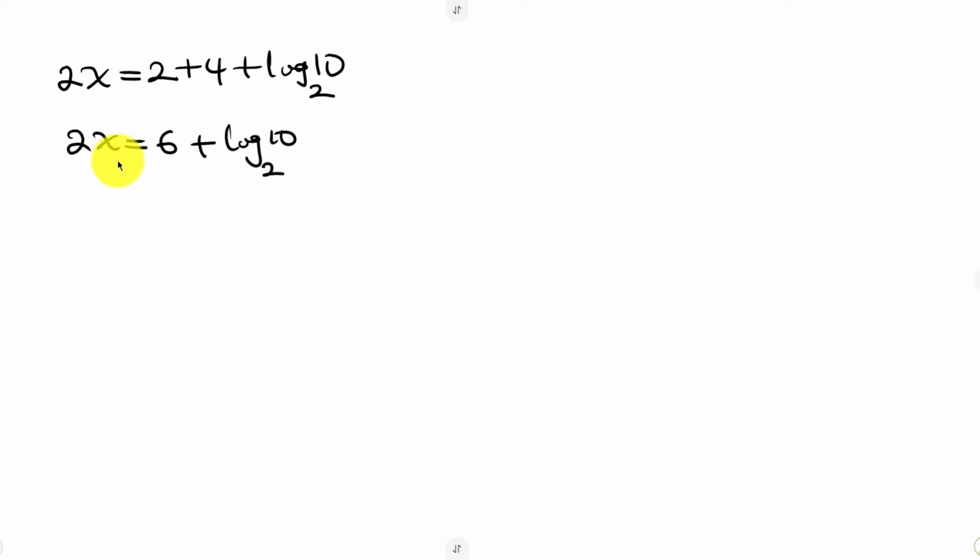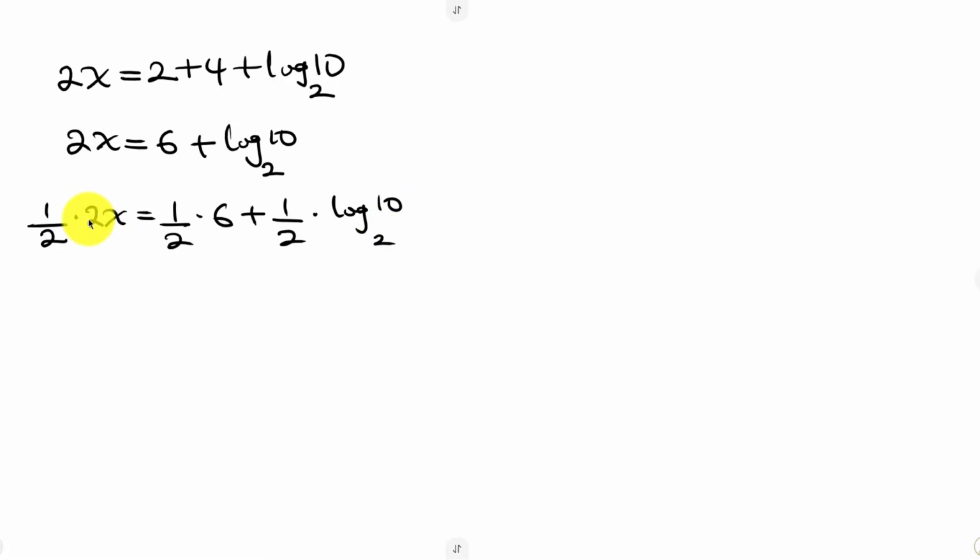Now, in order to get the value of x, we're going to be multiplying through by 1 all over 2. So I'll multiply 1 over 2 times 2x. This is equal to, I'll also multiply 1 over 2 times 6, plus, lastly, I'll multiply 1 over 2 times log 10 base 2.